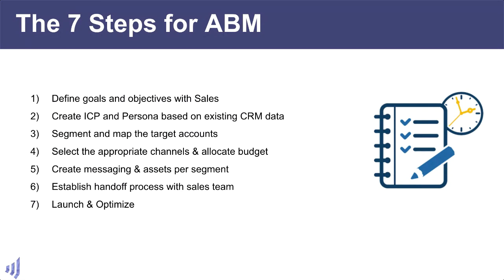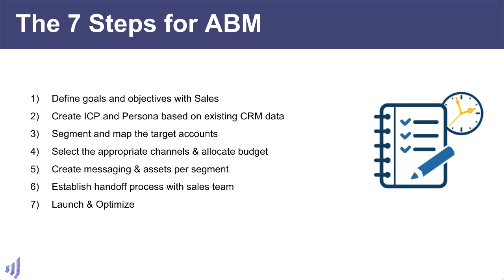You want to create your ideal customer profile and persona based on the data that you have in-house within your CRM. You need to segment those accounts properly to allow for an efficient budget allocation. Marketing budget is very scarce lately, so it's important to allocate it in the proper way. And then you want to select the appropriate channel for the audience that you're targeting.